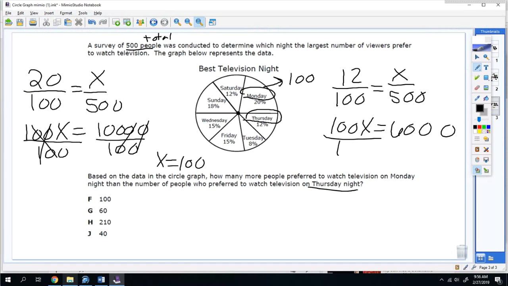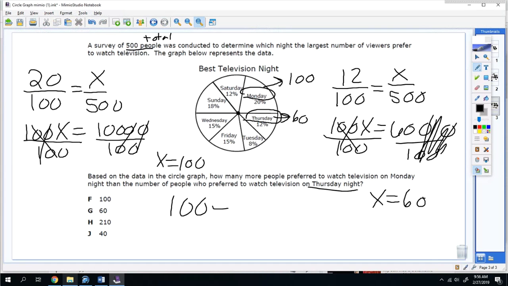So then you divide 100 on both sides, cross off the zeros, cross off the 100. You get x equals 60. So Thursday is 60. It says how many more people did on Monday than Thursday night. So you're going to do 100 subtract 60, find the difference, and you get 40. So the answer would be J.